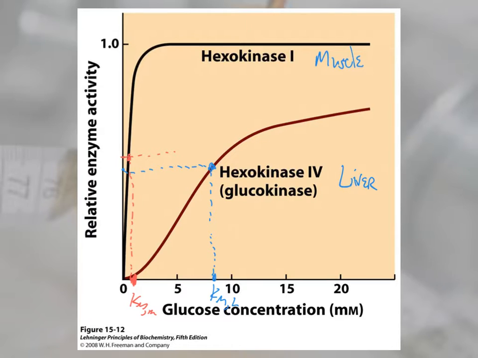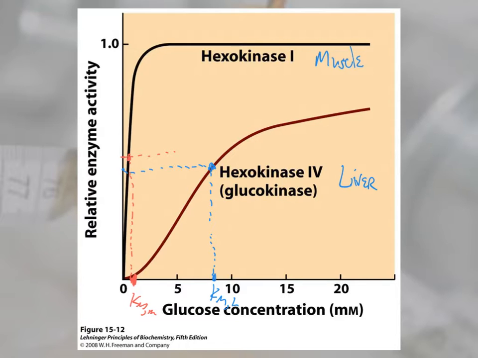Right. Also, the liver does something that some of the other tissues don't do. What also happens inside the liver with respect to glucose? Like we've just been talking about, in the hepatocytes.